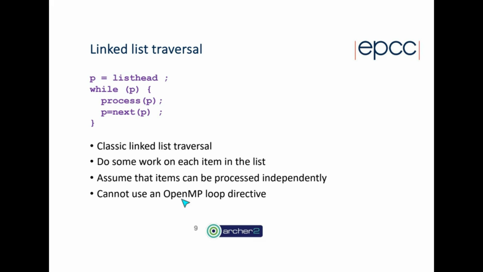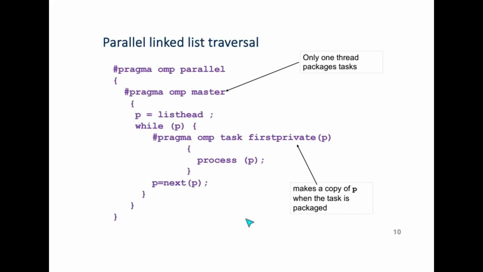That's not the case here, because in general we have no idea how many items there are in the list. So the runtime is not able to compute the number of iterations in the loop before it starts executing. So this is a case where tasks make it very convenient.